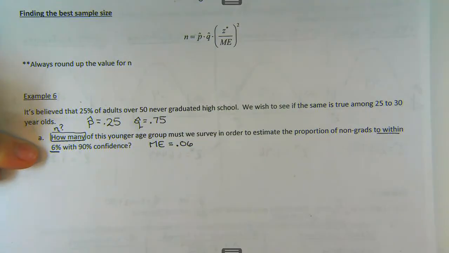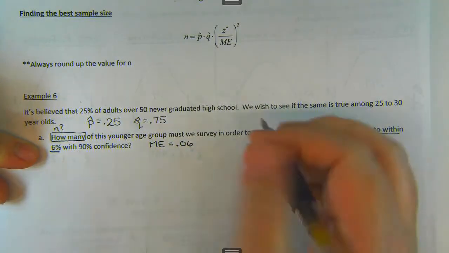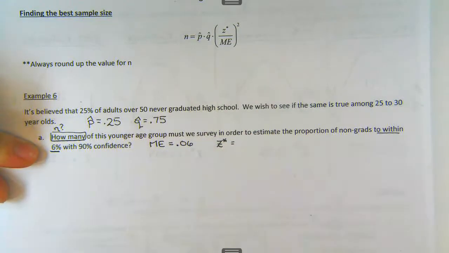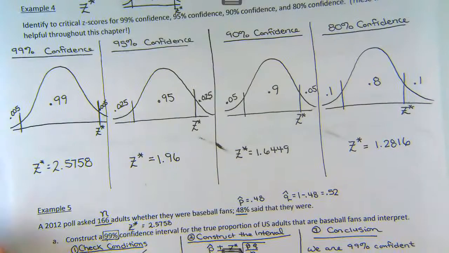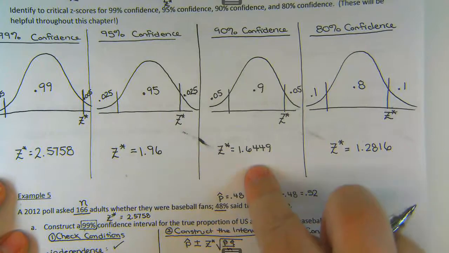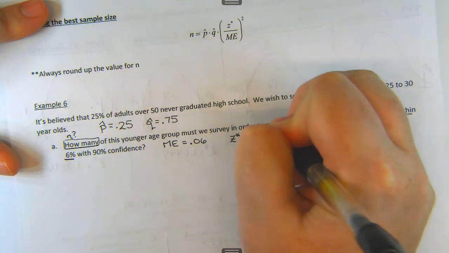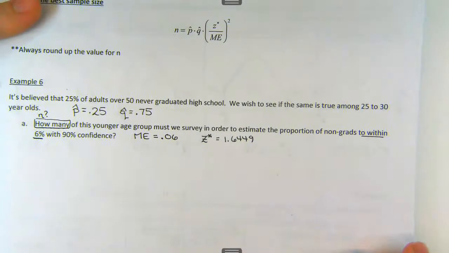So our margin of error is 0.06, and then 90% confidence, then we take our z star, which again, that's one of our key values that we found on this page. So z star is 1.6449. And this gives us everything we need in order to calculate sample size.